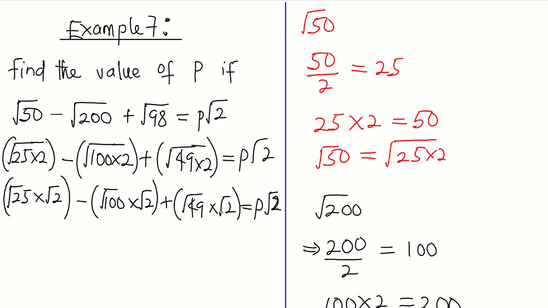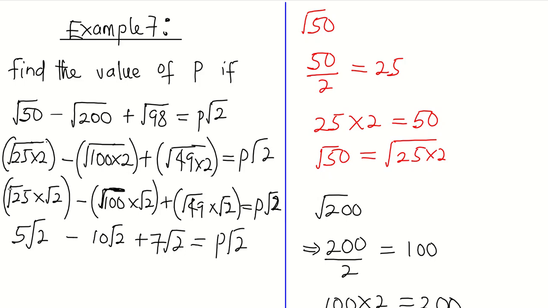Now with this, we know square root of 25 is the same as 5, so 5 square root of 2, minus square root of 100, which is the same thing as 10 square root of 2. We bring our square root of 2, and when we come here, you know square root of 49 is the same as 7, and we bring our square root of 2, which is equal to p square root of 2.